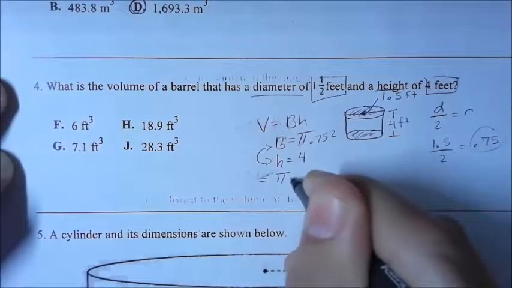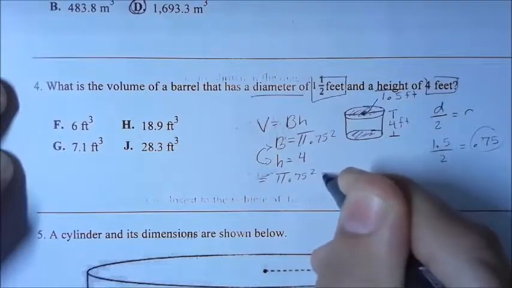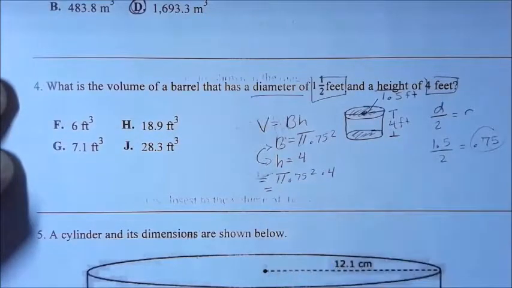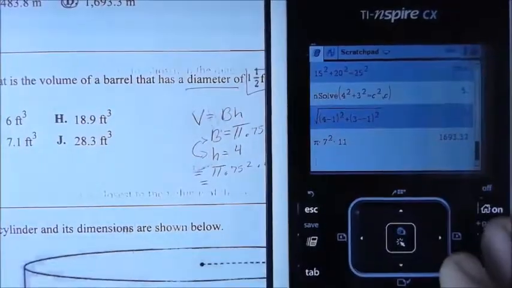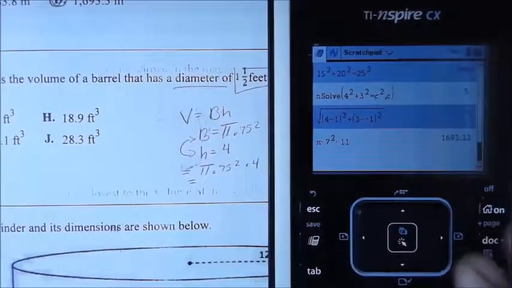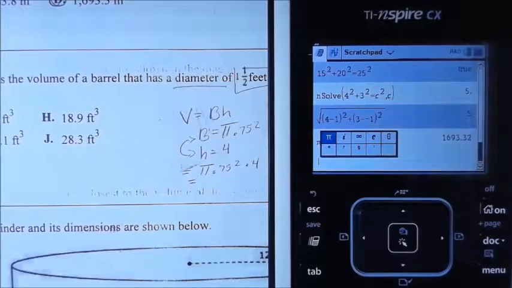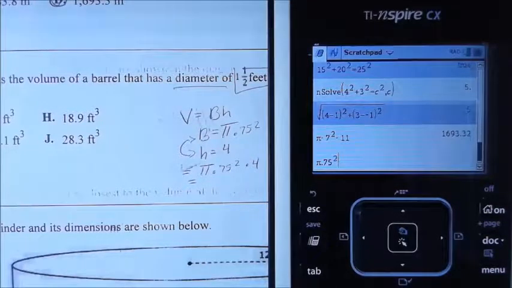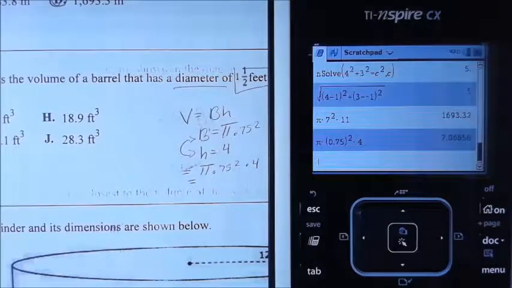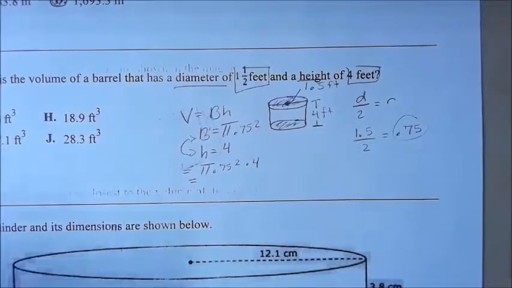So we have pi times 0.75 squared times 4 is equal to, and let's go ahead and put that in. I'm going to do pi times 0.75 squared times 4, and it gives me 7.06.